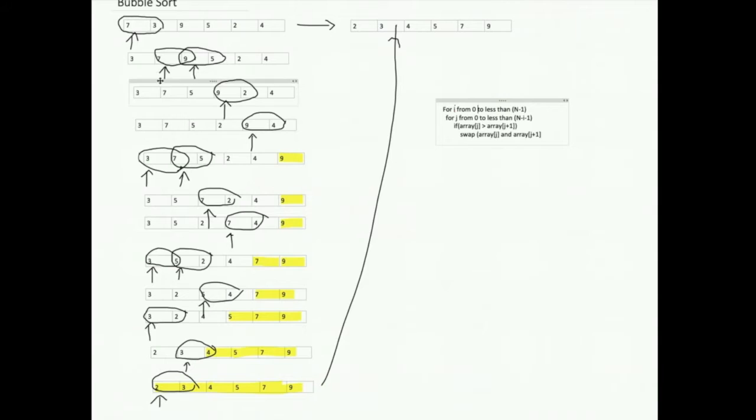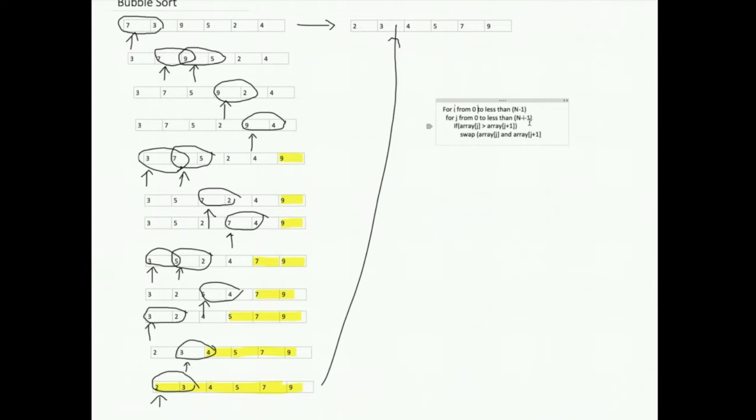So you go to the next location, compare 7 and 9. You don't swap because this if statement would fail. It'll go back and increment j. Now j is going to be 2. So move the pointer to this location and compare 9 and 5. Then you continue and reach this point.